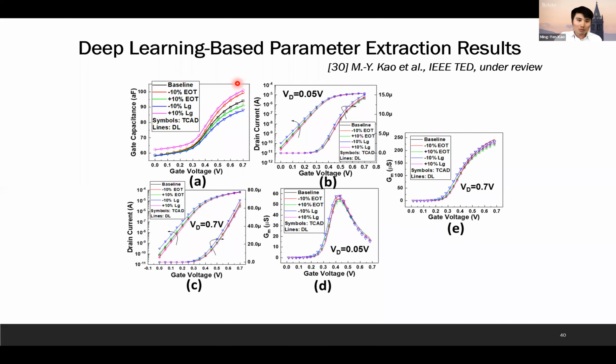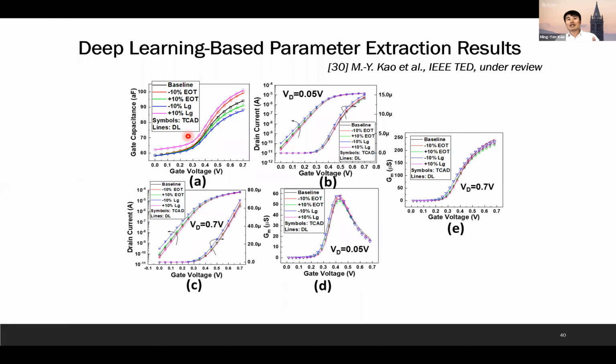I'm going to talk about it in more detail. The symbols are from TCAD and the lines are from the parameter extraction result. How we did that is basically we feed these symbols into the deep neural network, and it generates a set of parameter extraction values, right? And we feed those values again into our BSIM simulator and generate this line.